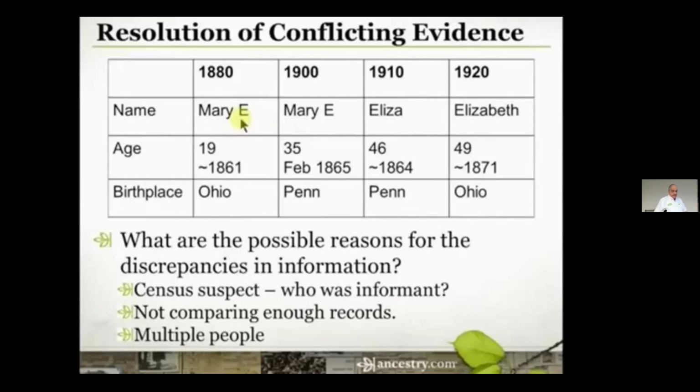So we've got Mary E, Eliza, Elizabeth. We got different dates. We got different places. Now, what's not showing here is they're all showing as married to the same guy, but I didn't have room for that on the sheet here.